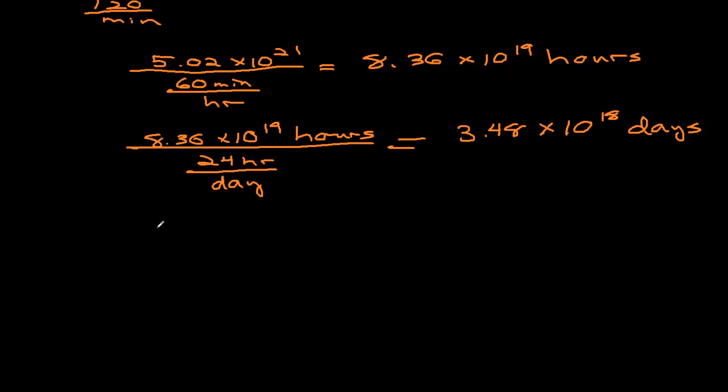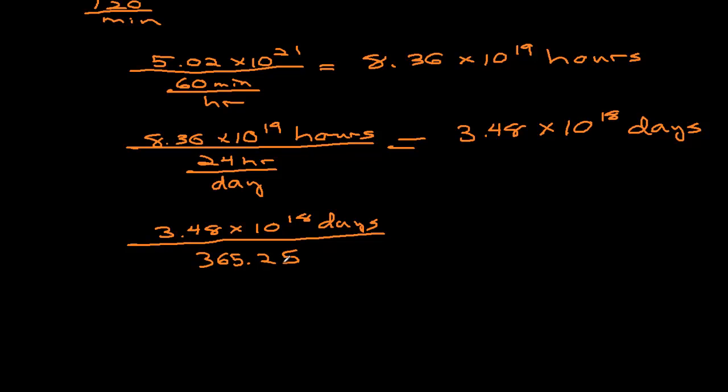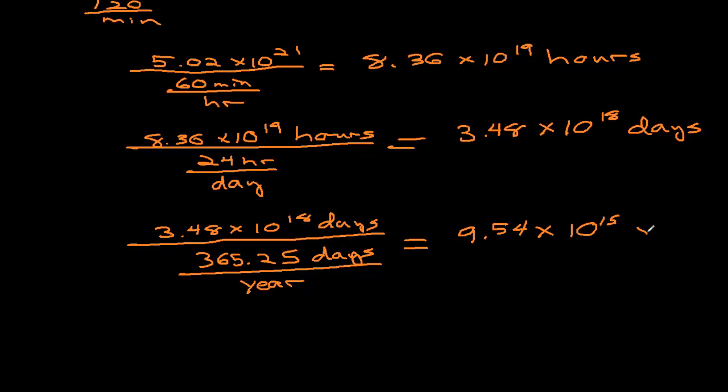So let's figure out how many years it would be if we took the 3.48 times 10 to the 18th days and said 365.25 days in a year, allowing for leap years. What we find is that at this rate of counting, it would take 9.54 times 10 to the 15th years to count this high.